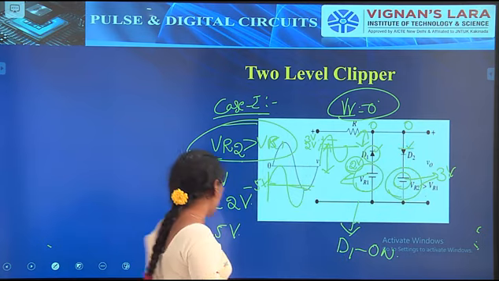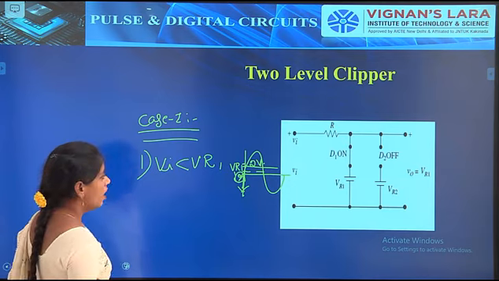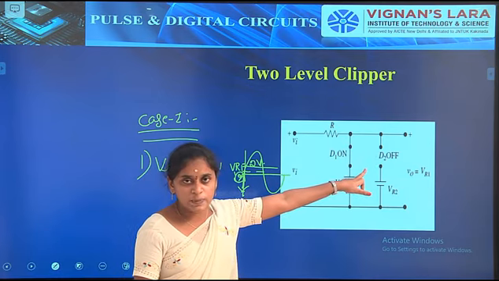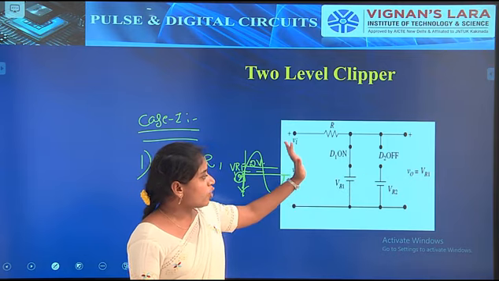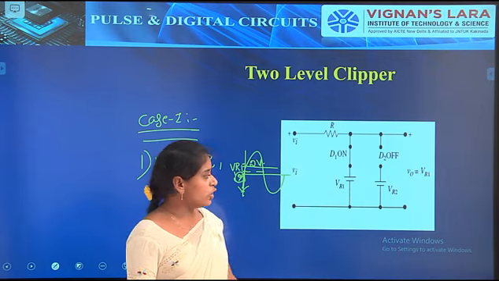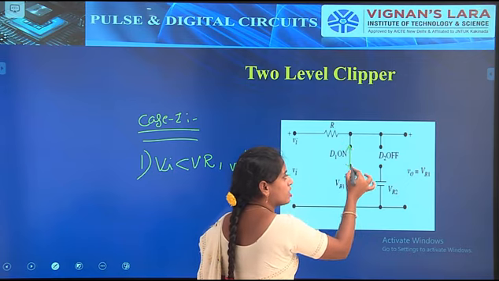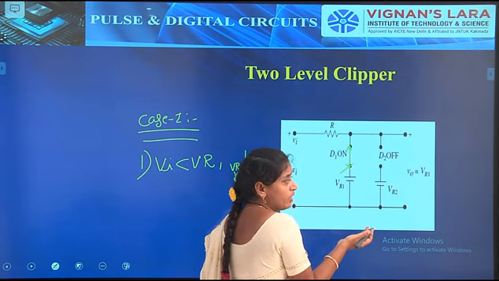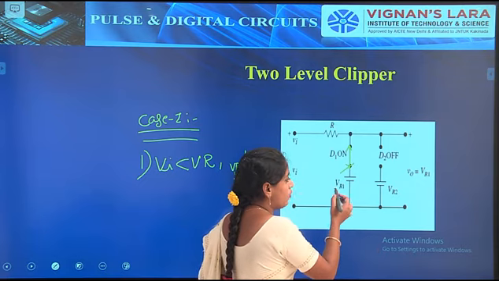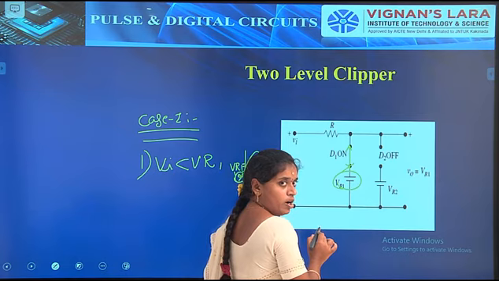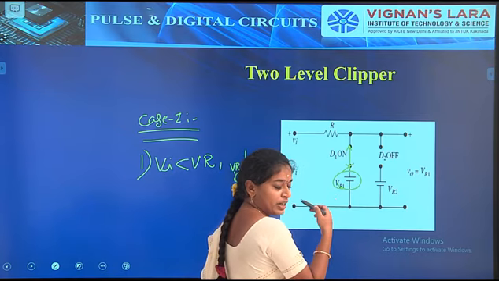So then the circuit diagram will be like this. In this condition, diode D1 is on and diode D2 is off. So simply, the output voltage V0 will be VR1. Why? Because the diode D1 becomes short circuited. When a diode is short circuited, the voltage across this path is generally 0 for the ideal condition.